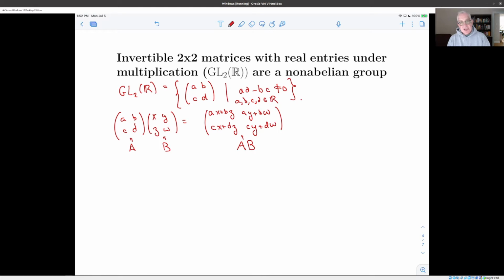So we have to check the group properties. The first one is that matrix multiplication is associative. I'm not going to do the calculation because it's a mess. But hopefully in linear algebra, you have seen the fact that this is actually true.